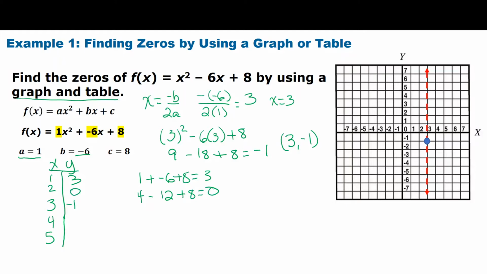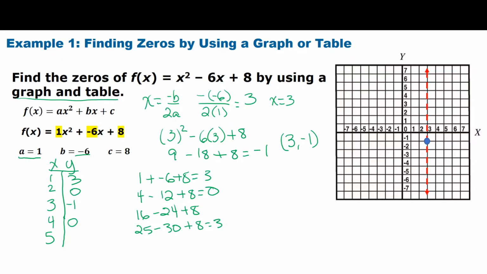All right, and when x is 4, I actually have 16 minus 24 plus 8, and that equals 0 also. And then with 5, I have 25 minus 30, which is negative 5, plus 8 equals a positive 3.